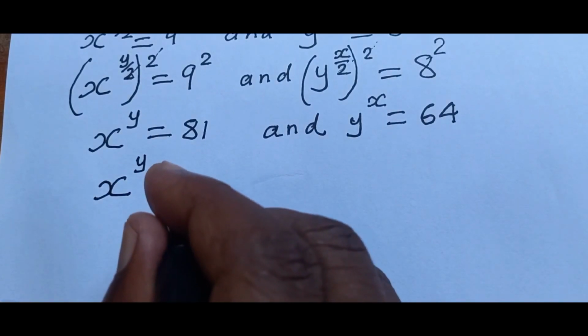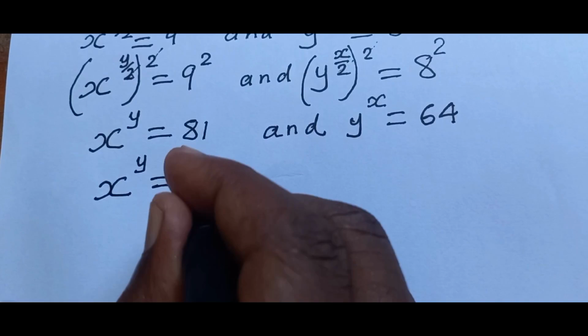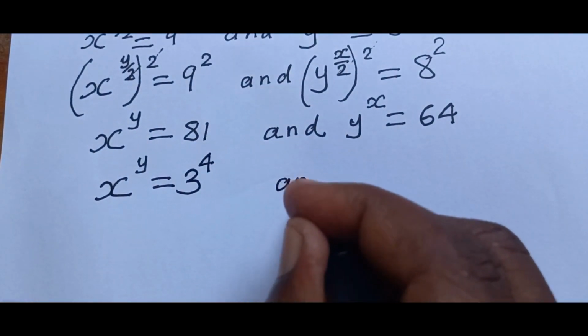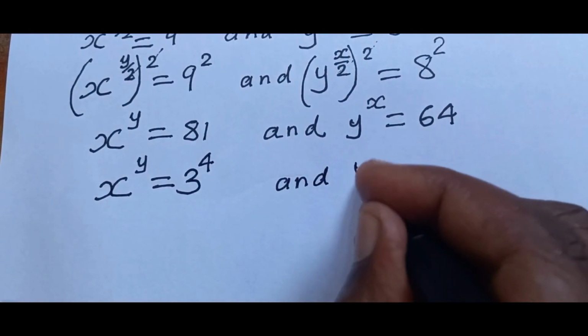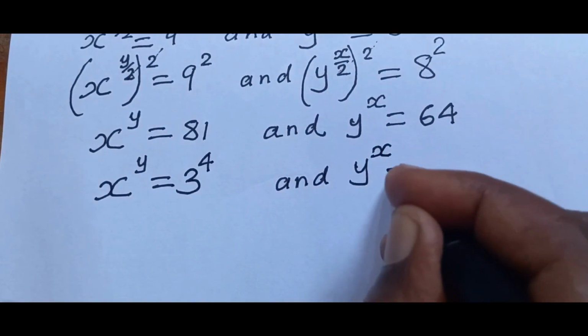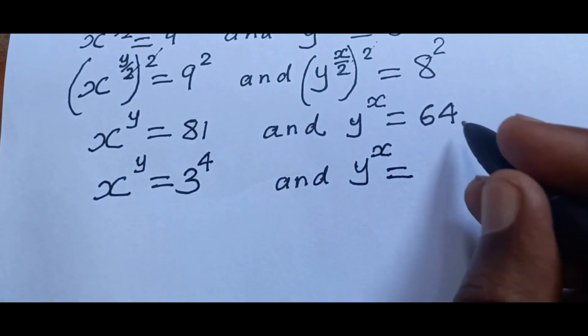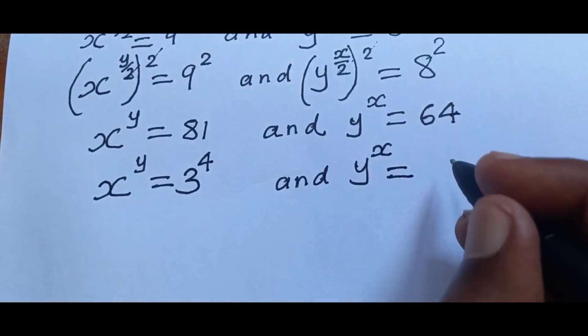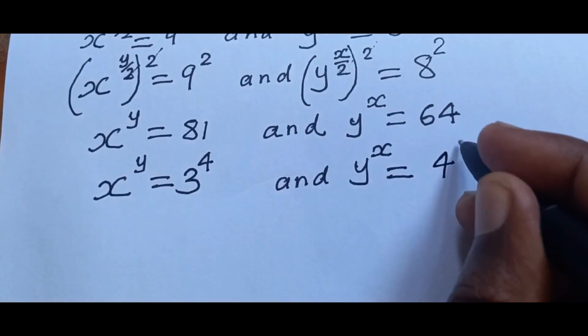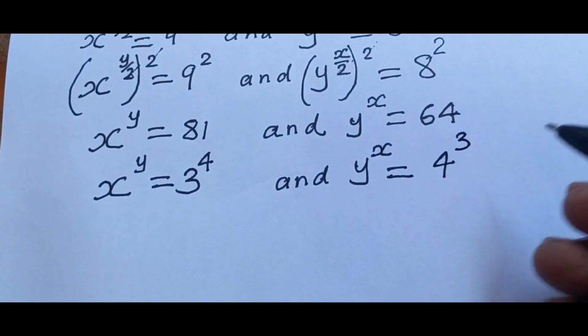This is the same as to write 3 raised to power 4. And y raised to power x equals to 64. This is the same as to write 4 raised to power 3.